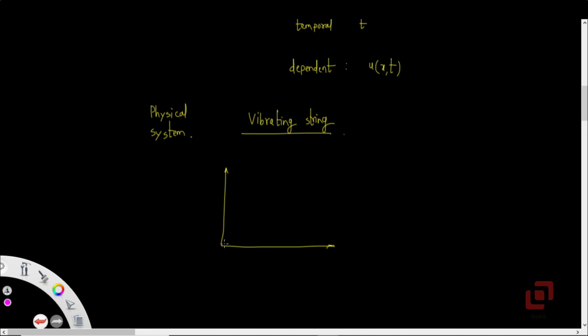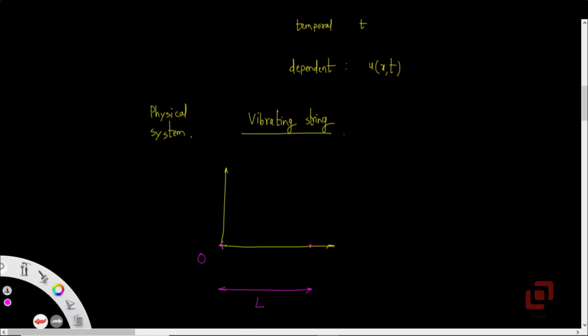So let us choose one of the ends as the origin, and let us choose the x-axis as the axis of the string. We assume that the string is L units long. So this will be the second end of the string. So between these two ends, the string is tightly held.